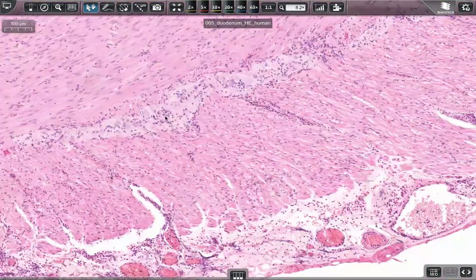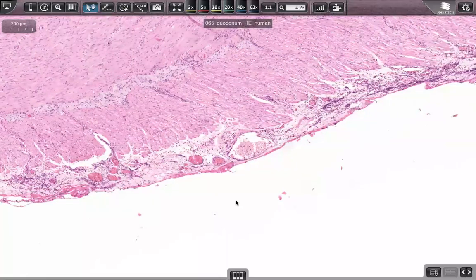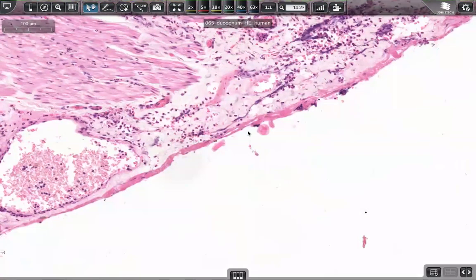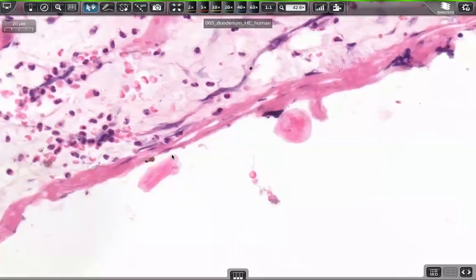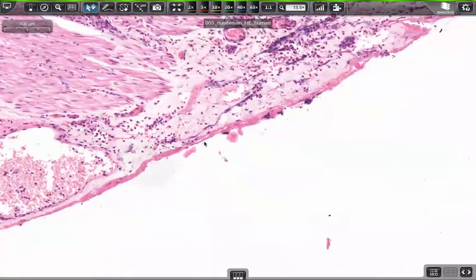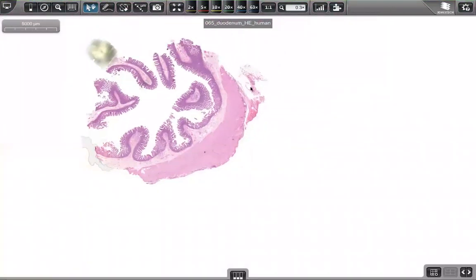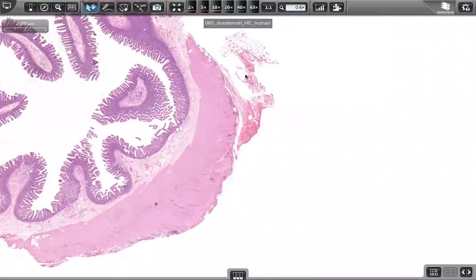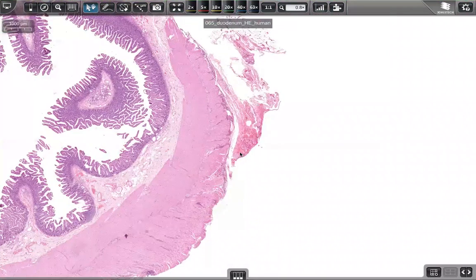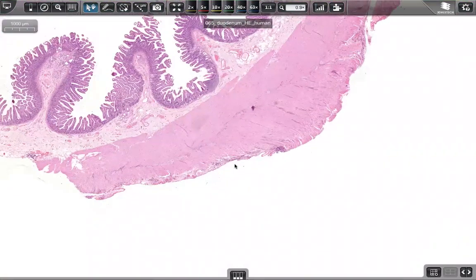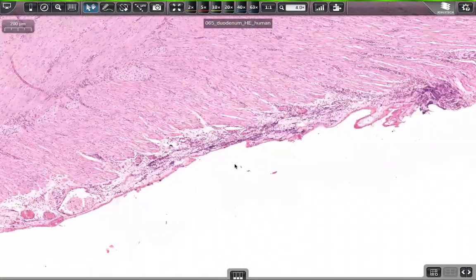And then looking at the surface, if we can find a simple squamous covering, maybe there. Yeah, because it's definitely not. So here we have a thick connective tissue, so it's adventitia. You know, the upper part of the duodenum has peritoneum.